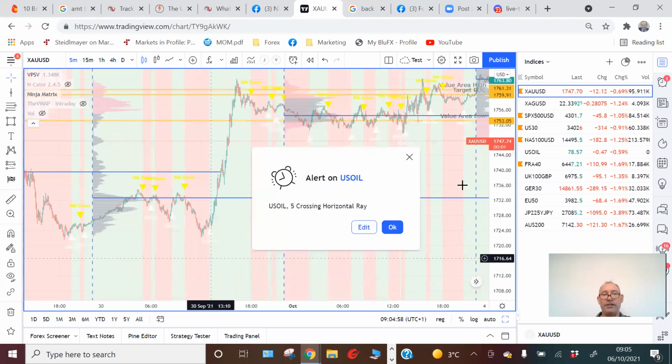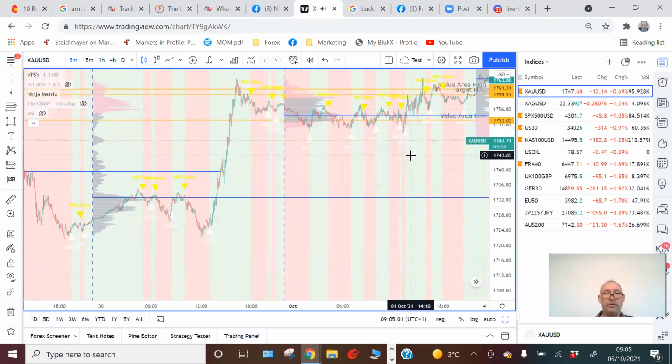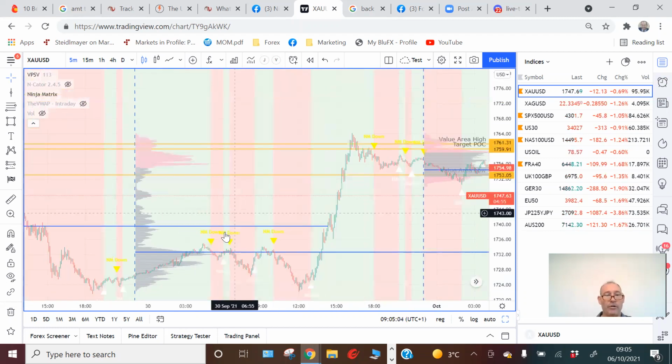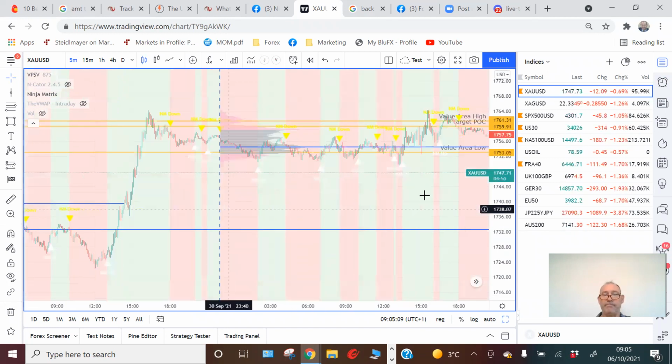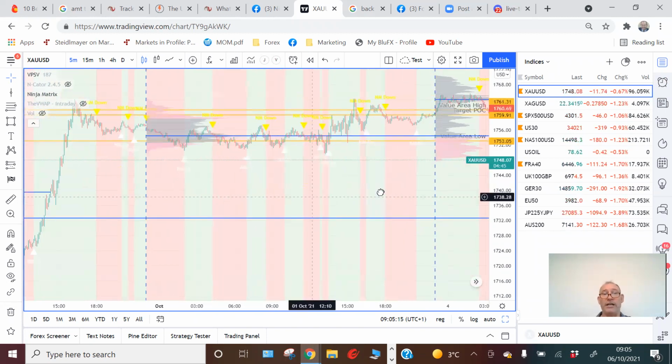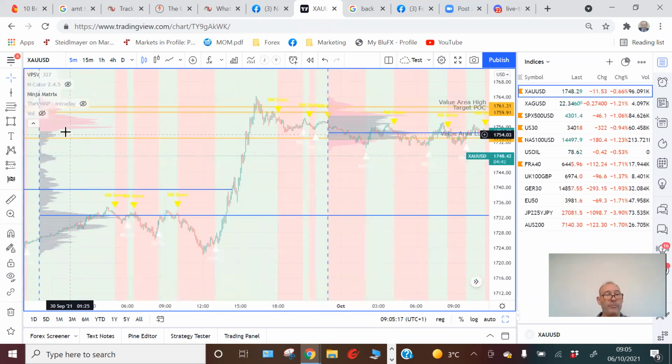Is everybody getting a little excited? Next day, same thing. Look for point of control. Target is down here. First, does it achieve it? No, it doesn't achieve the target. Let's look at the value area. Value area is up here, and it wicks it a couple of times, goes in it a couple of times. Wait for the retest. Comes back up.